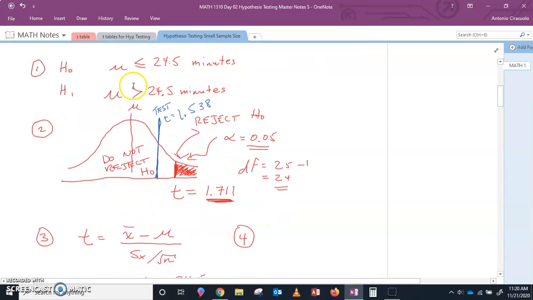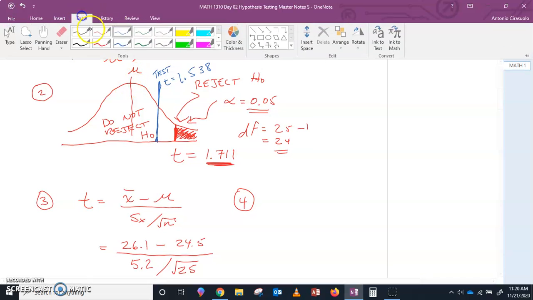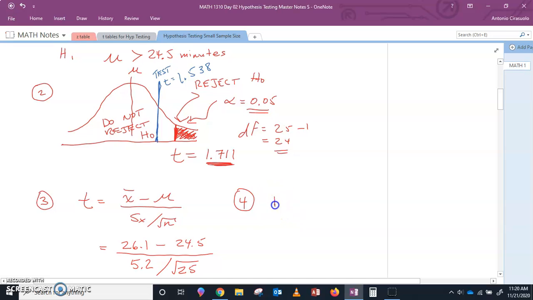So our conclusion in this case, or our decision, is do not reject our null hypothesis.